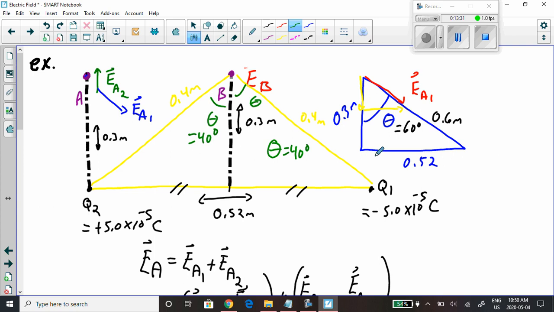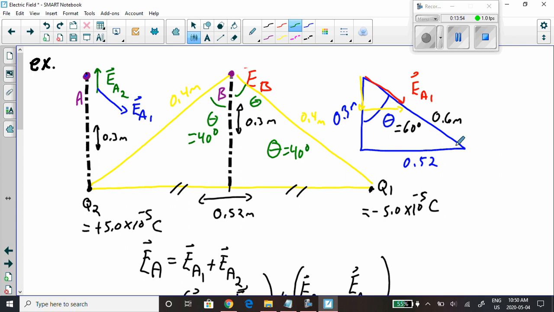Well, it's pretty easy. It's a right angle triangle. Here's 0.52 meters along the bottom, and 0.3 meters going vertically. So 0.3 this way, 0.52 that way, and I get that the hypotenuse is 0.6 meters.